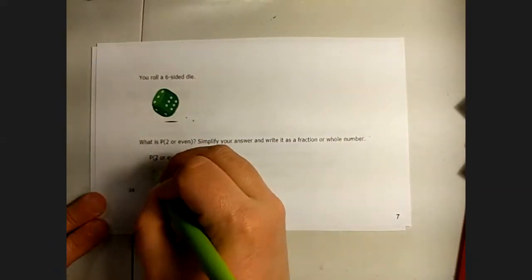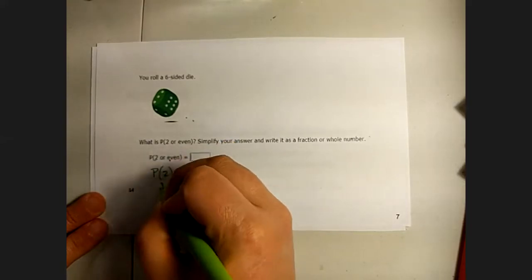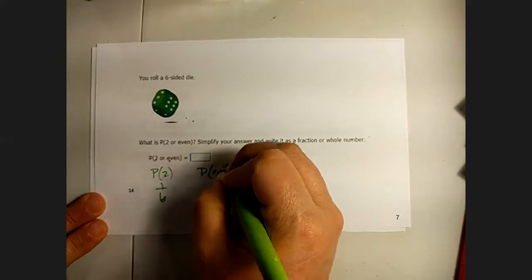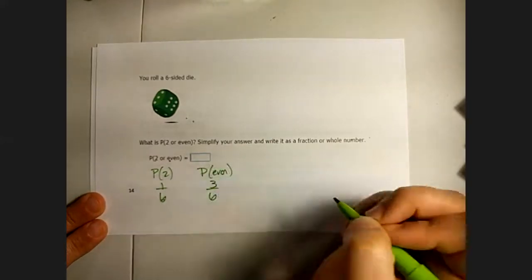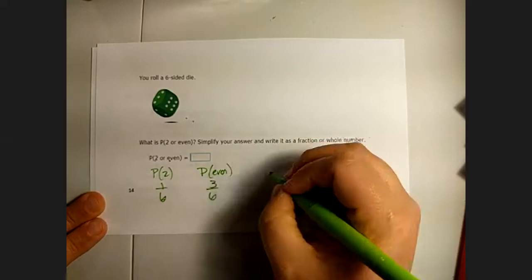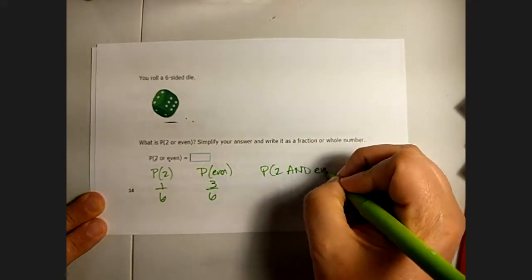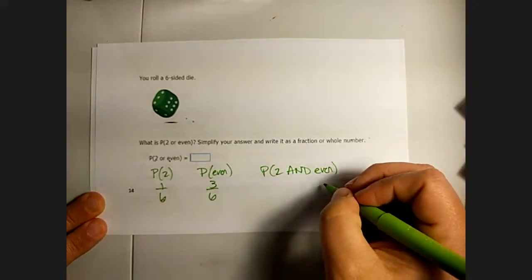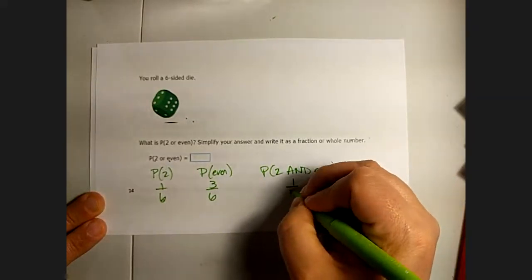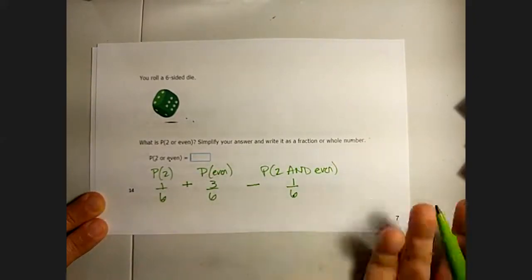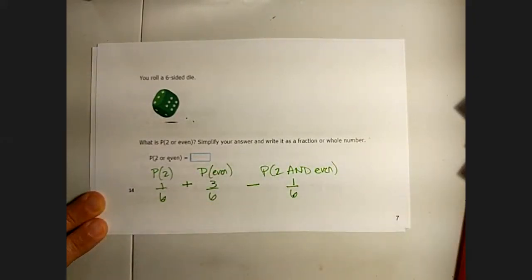So the probability that I get a 2 is 1 out of 6. The probability that I get an even number is 3 out of 6. But the probability that I get a 2 and an even number, which by definition has to happen, since 2 is even, is 1/6. So I'm going to add those two together, but I'm going to take away my overlap. I'm going to take away the one that's true for both.